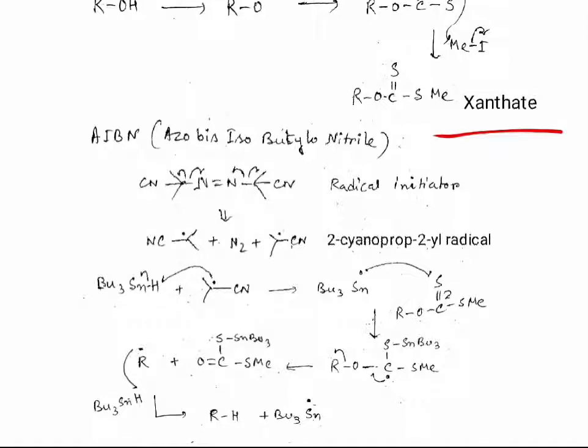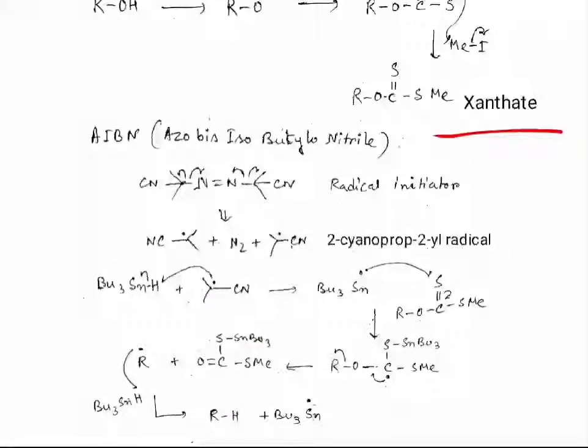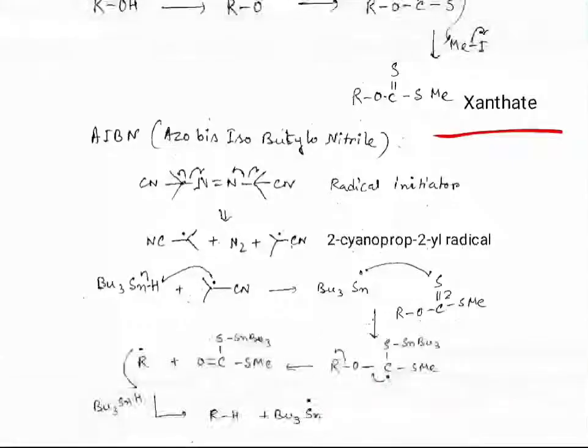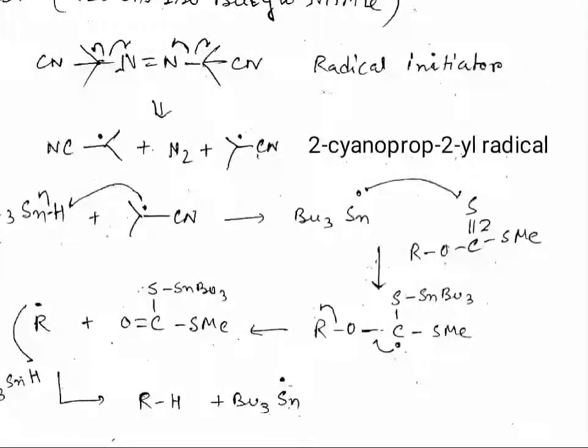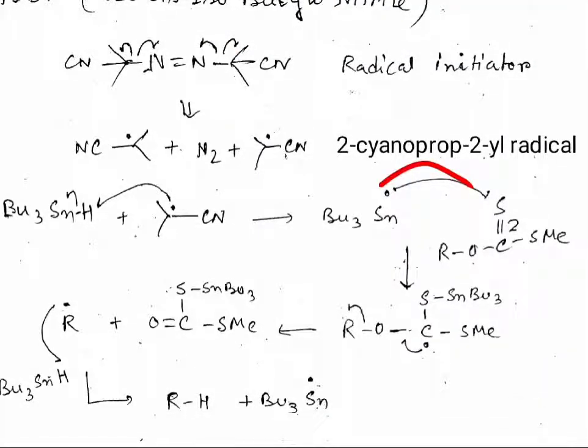After that, this radical will take a proton from this Bu3SnH. I have to zoom this. And then this Bu3Sn radical will attack this sulfur. And this bond will be opened and this carbon will become a radical now.